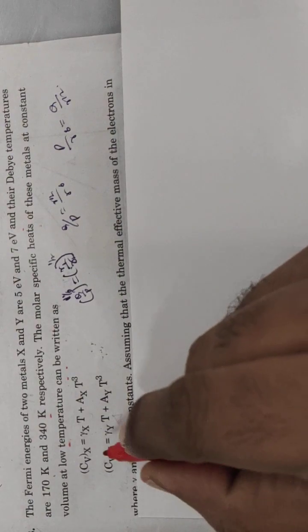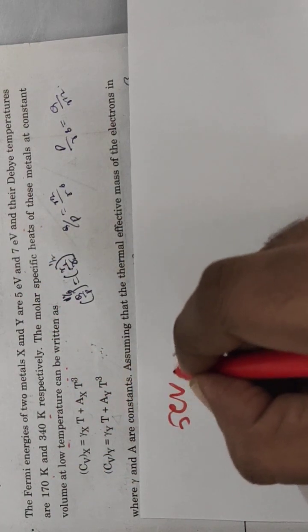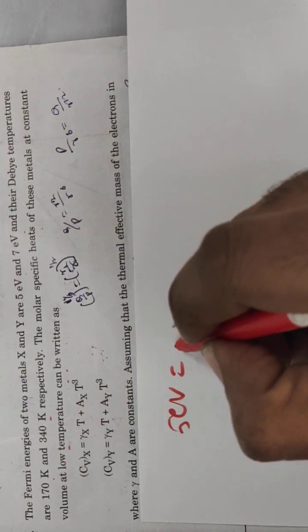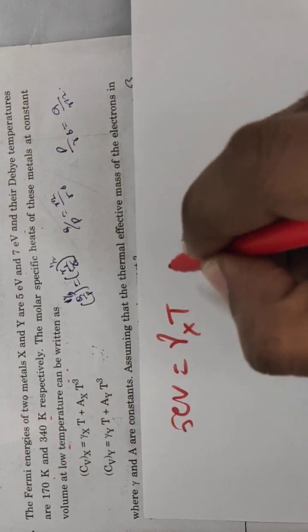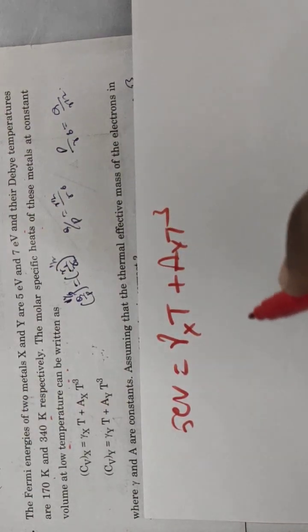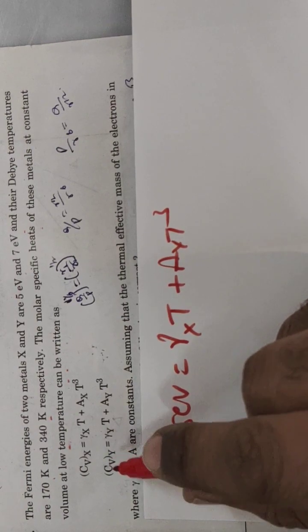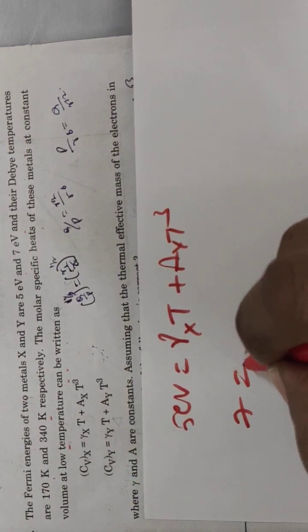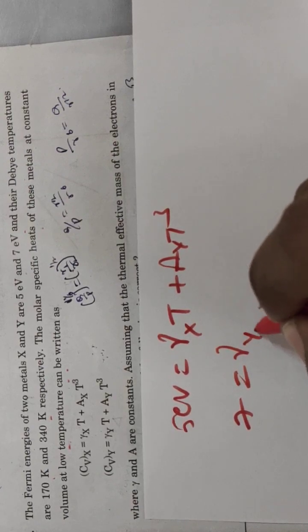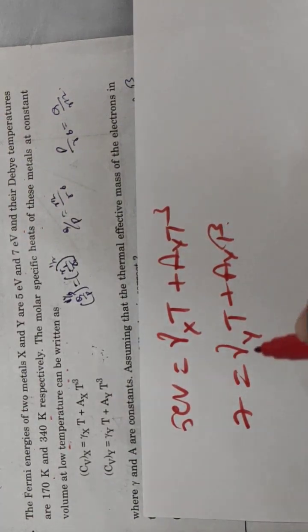So CV of X, they are given 5 electron volt. Substitute 5 electron volt, which is equal to gamma x t plus ax t cube. And for Y, it is 7 electron volt, which is equal to gamma y t plus ay t cube.